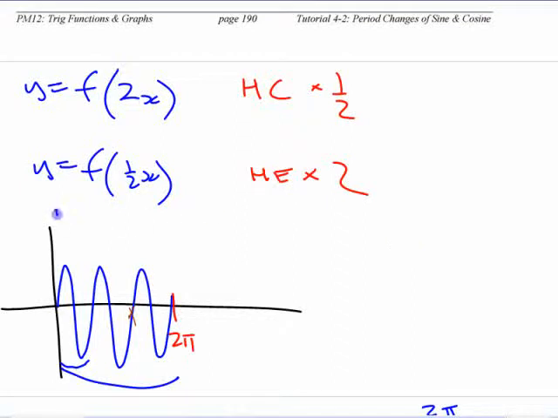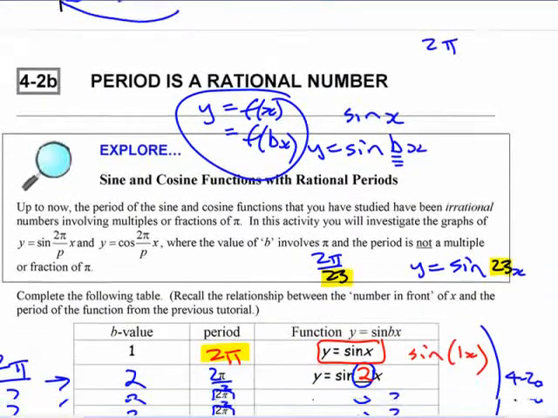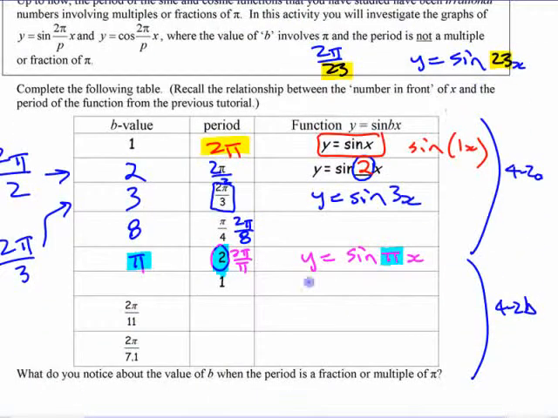F of pi x, what's that going to be? Horizontal compression by what? 1 over pi, right? Not a half, by 1 over pi, right? You're dividing whatever the x values are by pi. So whatever the period is normally, which is 2 pi, it's going to be divided by pi.